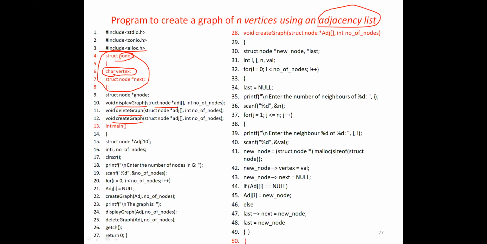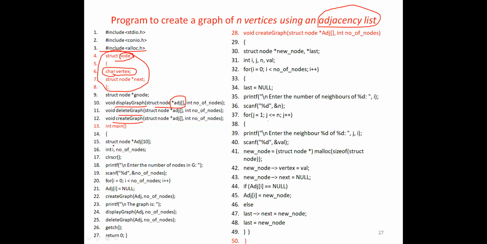One is the array of pointers, of data type struct node. You can find here a star adjacency, an array of pointers belonging to data type struct node. And the second is the number of nodes in the graph. So all the functions take the same arguments.